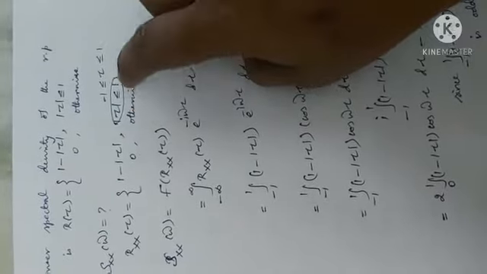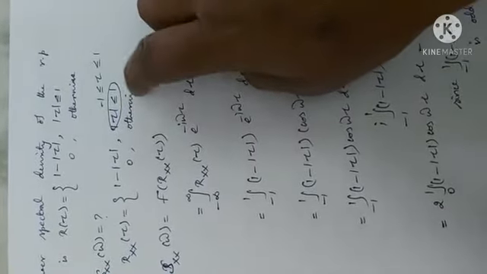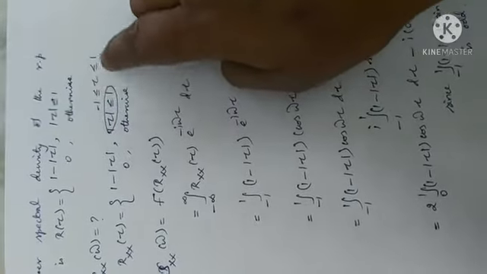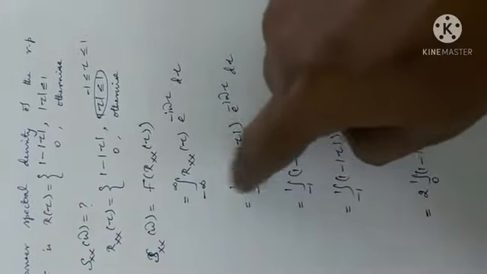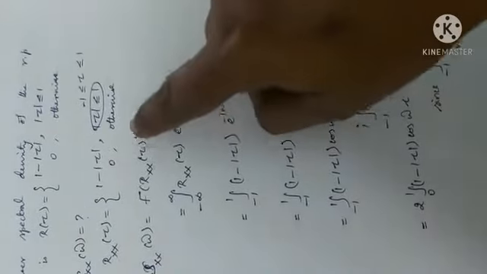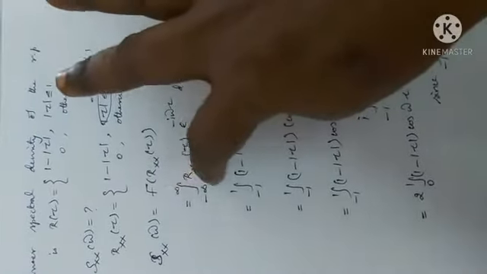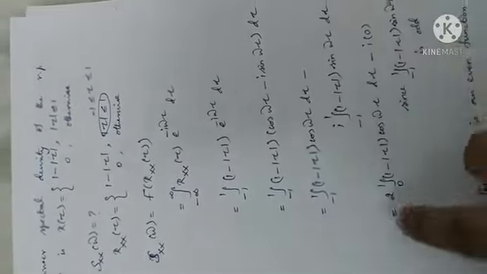What's the meaning? Mod tau less than or equal to 1, so tau takes values from minus 1 to plus 1. In other intervals, it is 0. So we need not bother about the other intervals of minus infinity to plus infinity. We have the function only in the interval minus 1 to 1.